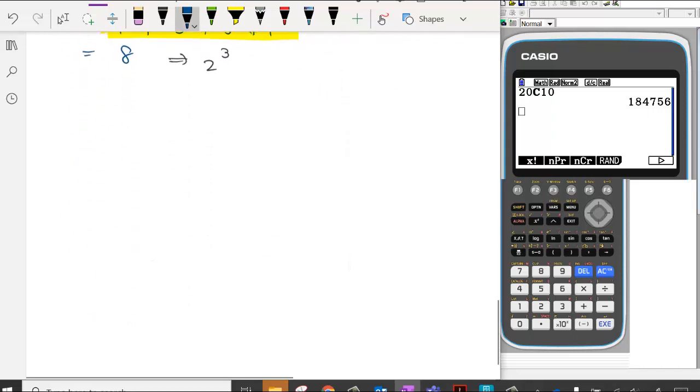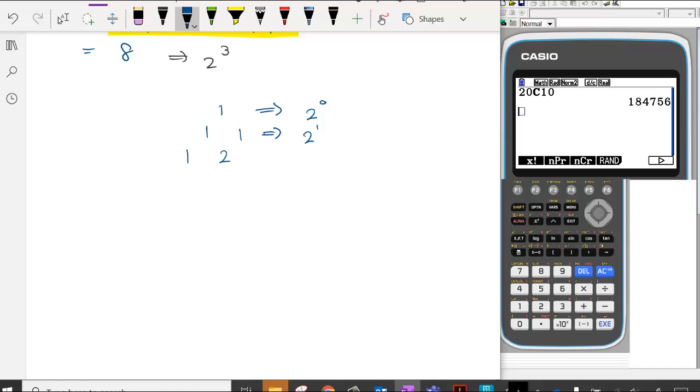So if I redraw that Pascal's triangle, remember that first line is the 0 line, so I'm going to say that that's 2 to the power of 0. The second line, which is 1, 1, is 2 to the power of 1. So 1 plus 1 is 2. The third line is the one that we just looked at, 1, 2, 1, which is 2 to the power of 2.